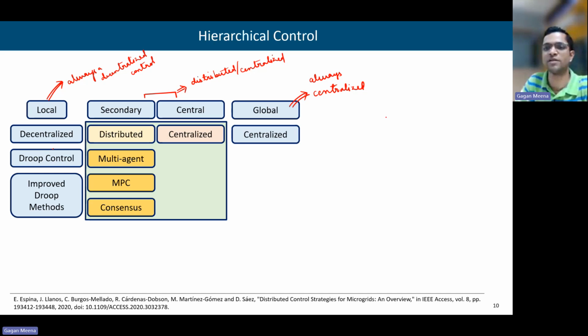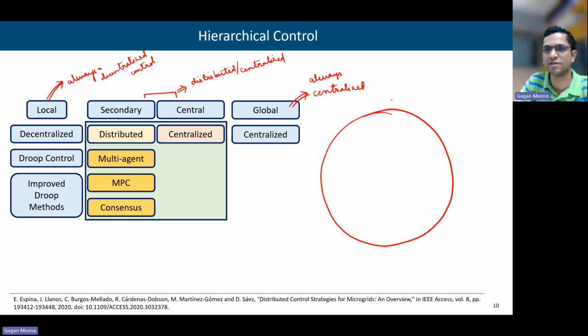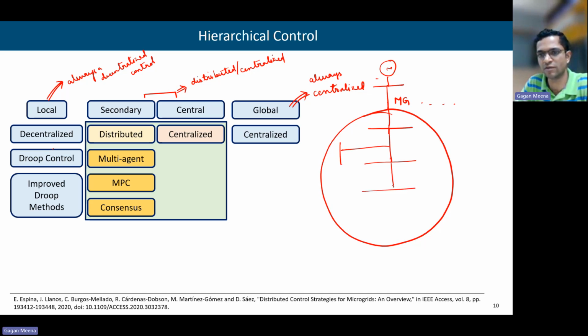Let's say this is one microgrid, and it's connected to the other microgrids also, and to the main grid also. We have different feeders going on like this, and there are different sources here.